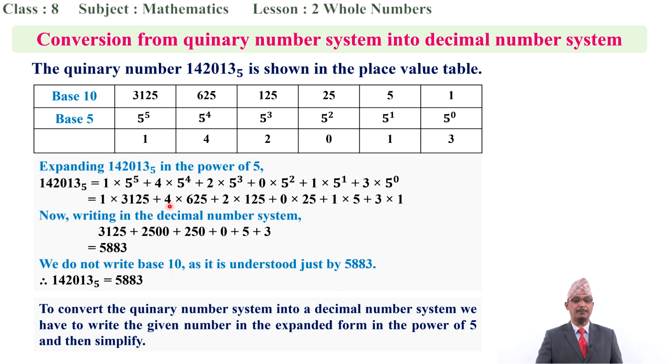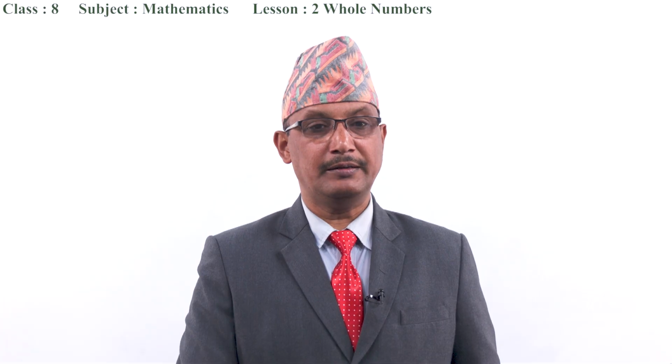Here we have written in the power of 5, because in the quinary number system, the base is 5 and there are 5 digits.